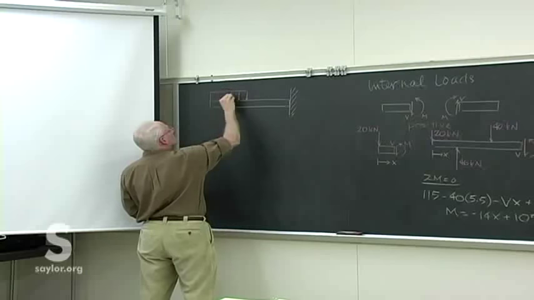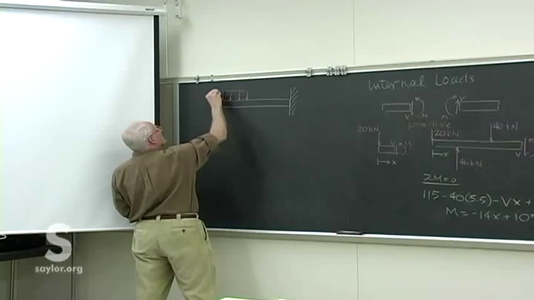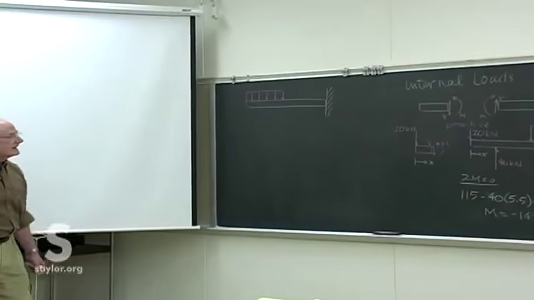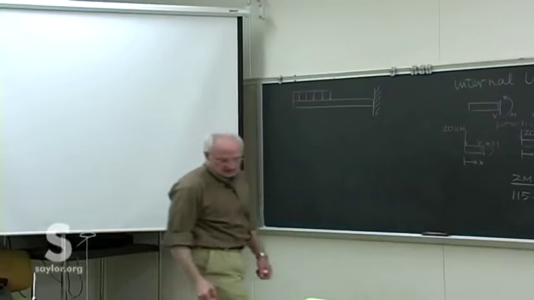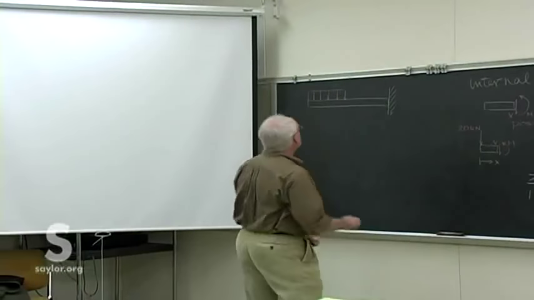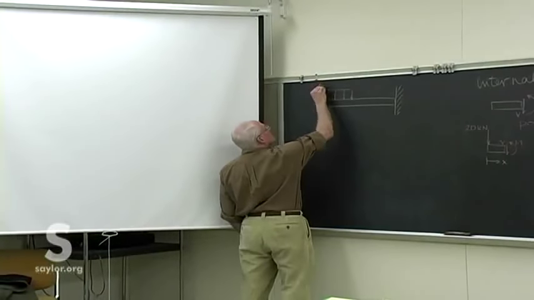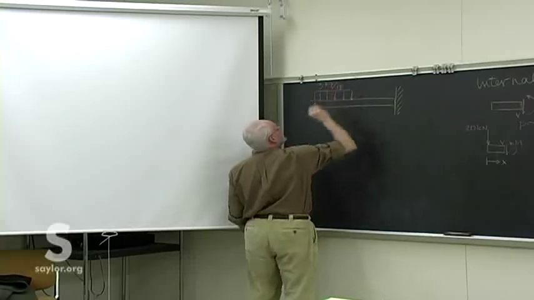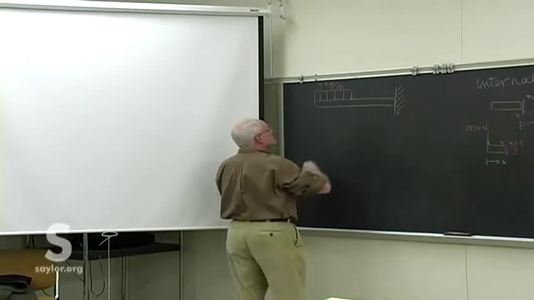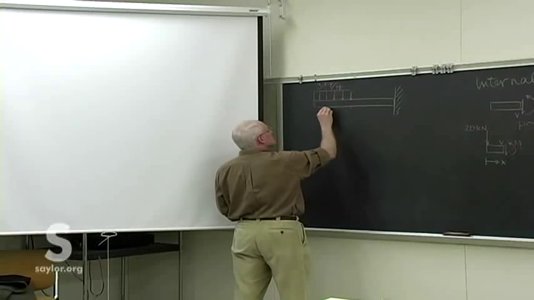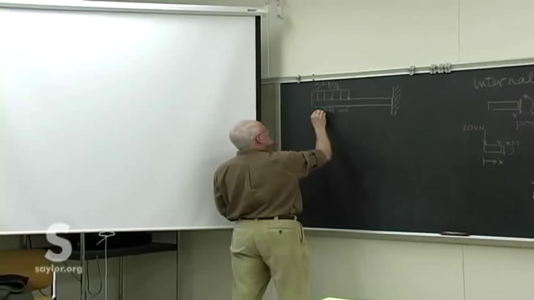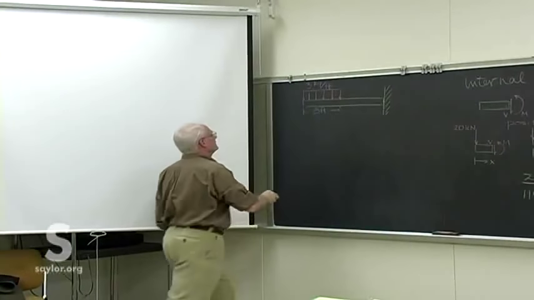Remember, that's in units of pounds per linear distance of the beam itself. So 3 kips per foot there, out to a distance of 8 feet.